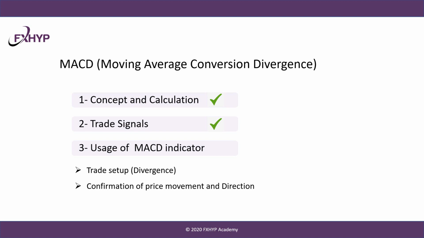But in the end, all our trades are based purely on the price behavior, only price behavior. But because MACD or any other momentum indicator can give us a heads up if there is a weakness or a strength in the trend, we can use it through divergence, as I told you.